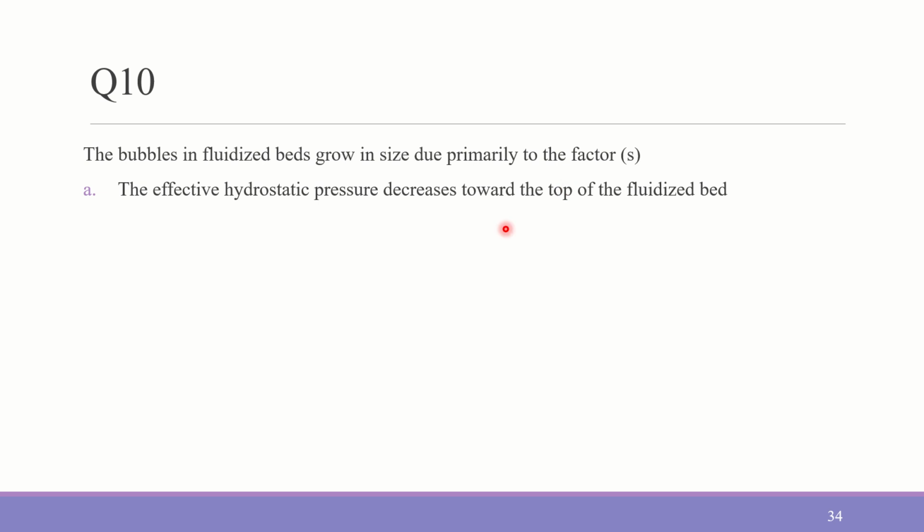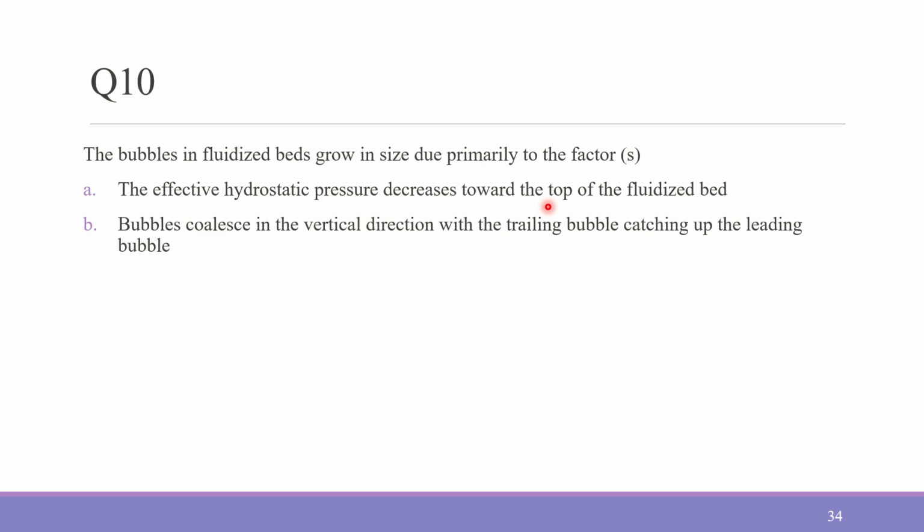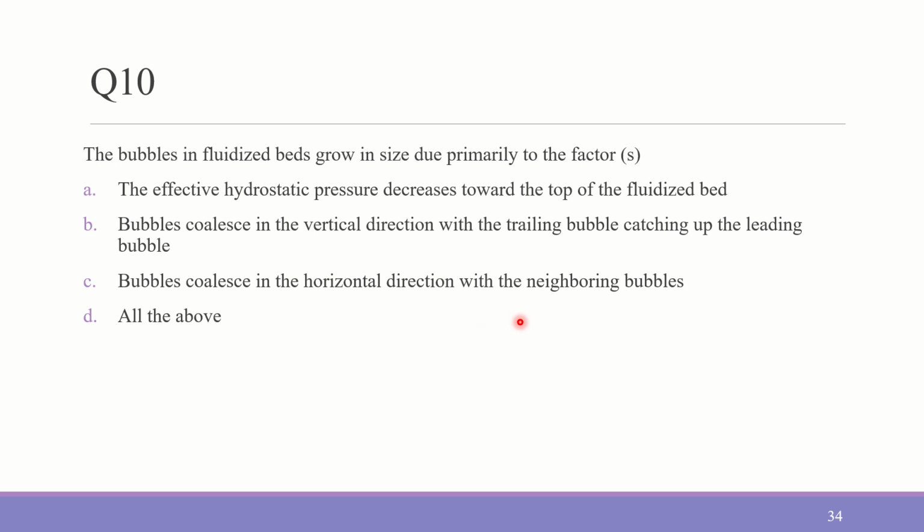Option A, effective hydrostatic pressure decreases towards the top of the fluidized bed. Option B, bubbles coalesce in vertical direction with the trailing bubble catching up with the leading bubble. Option C, bubbles coalesce in horizontal direction with the neighboring bubbles. Option D, all the above. Can anyone answer this?